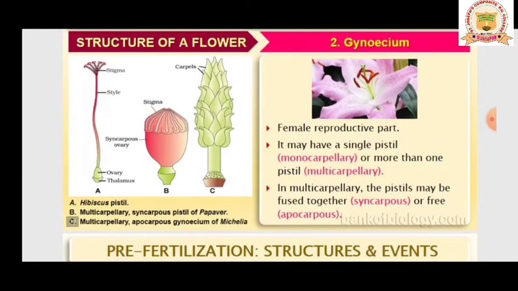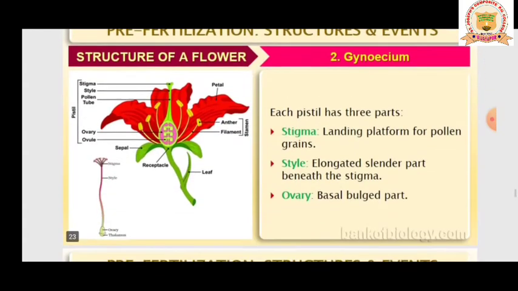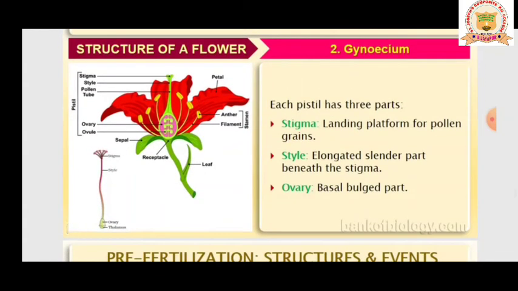Have a look at the picture. I have taken a clear picture of the gynoecium consisting of style, ovary and thalamus. If it is fused, we call it a syncarpous ovary. Then have a look at the carpels. Let me proceed to understand more about the gynoecium.